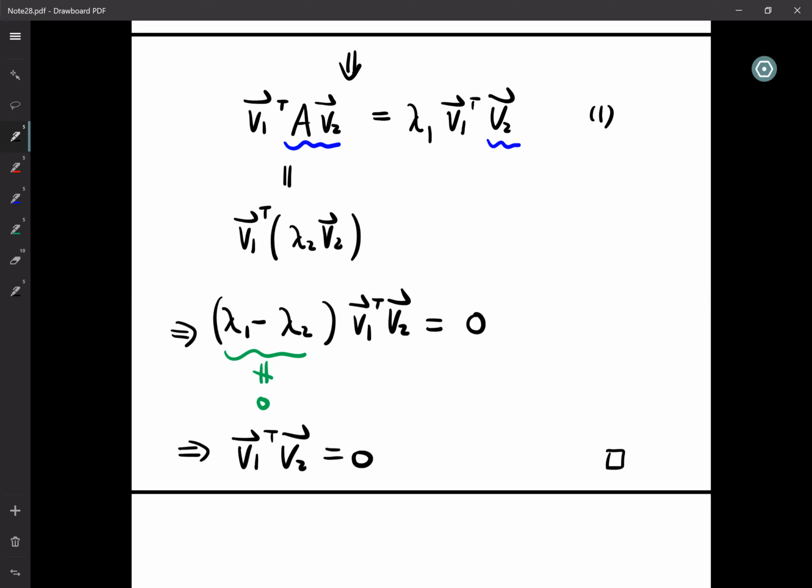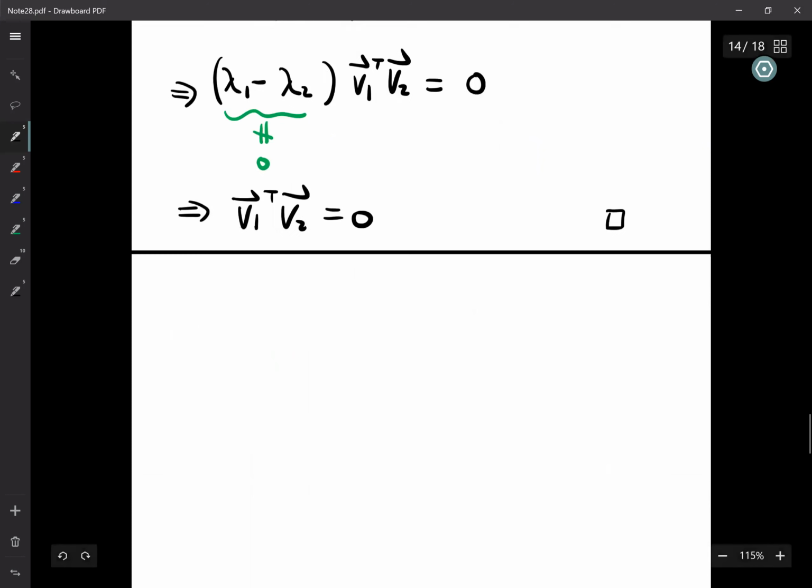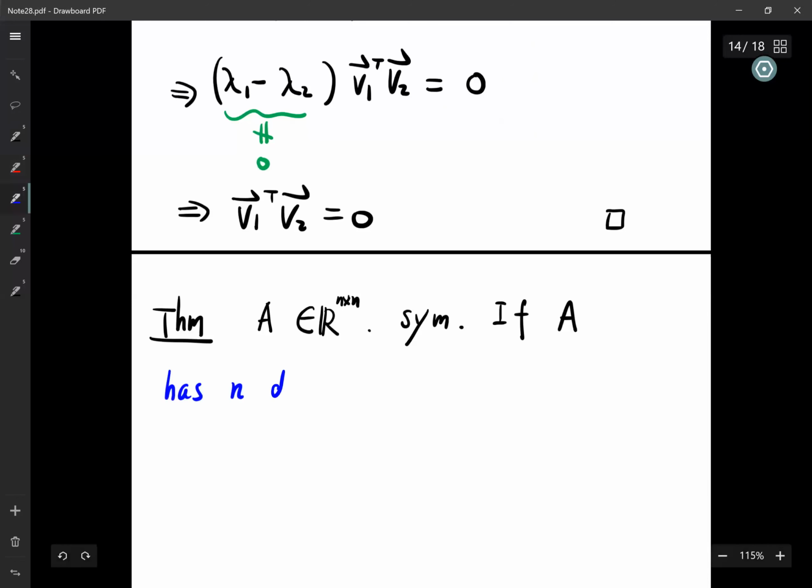So from the discussions above, we have essentially proved the following theorem. A is an n by n matrix. It's already real, so I only say it's symmetric. So assume A has n distinct eigenvalues.